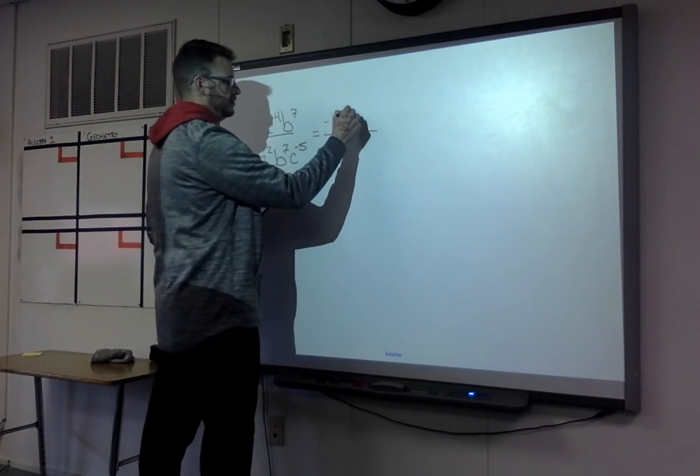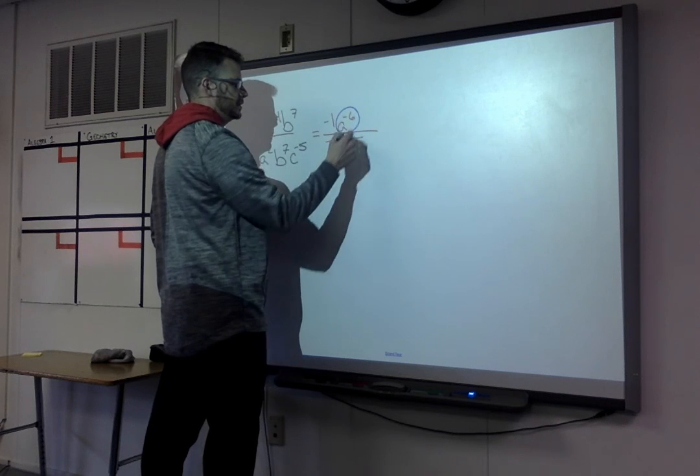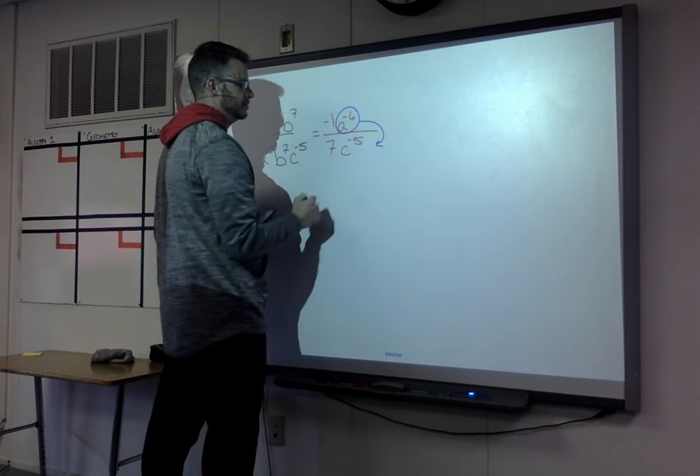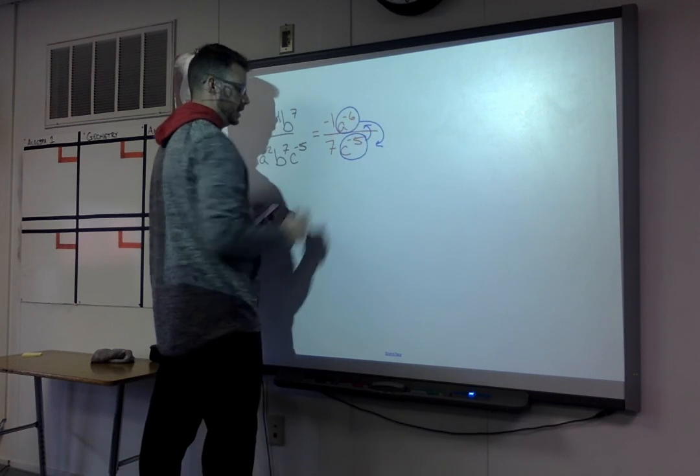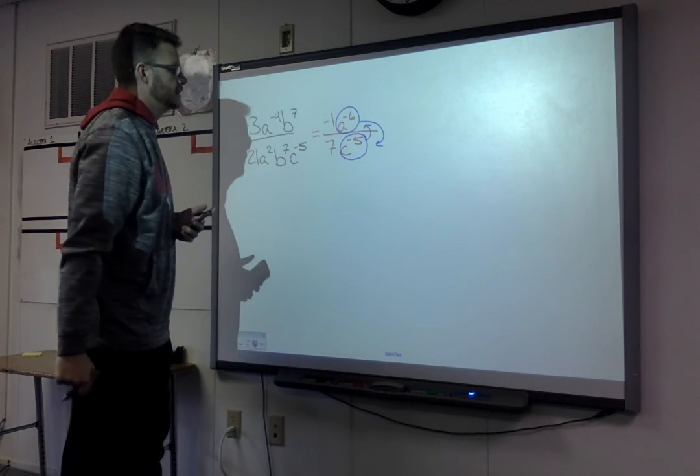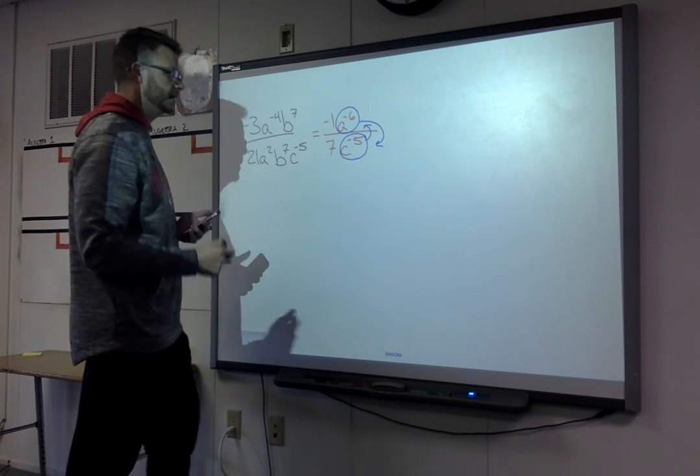So now when we look at this, we know if we have a negative power in the numerator, it needs to move down. If we have a negative power in the denominator, it needs to move up. And then they both become positive powers.